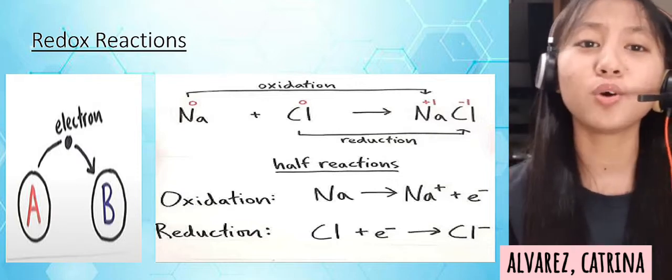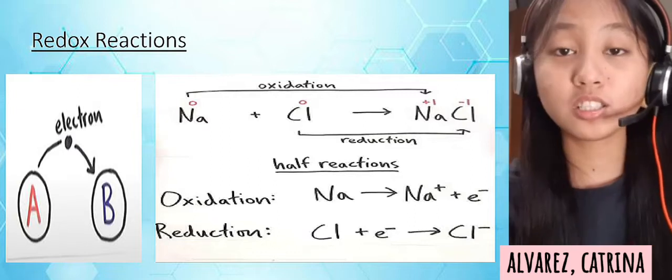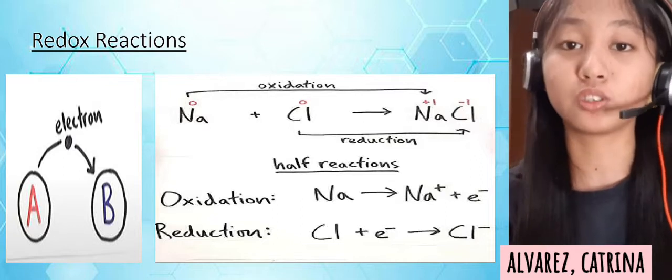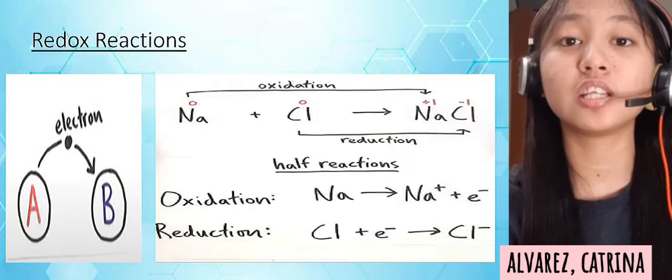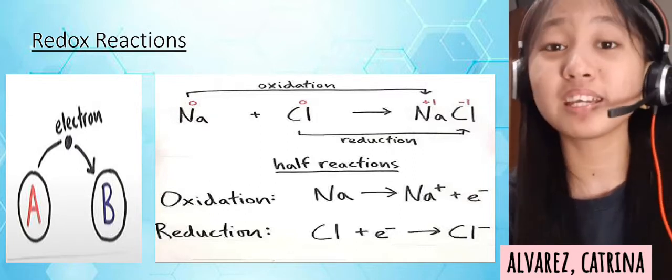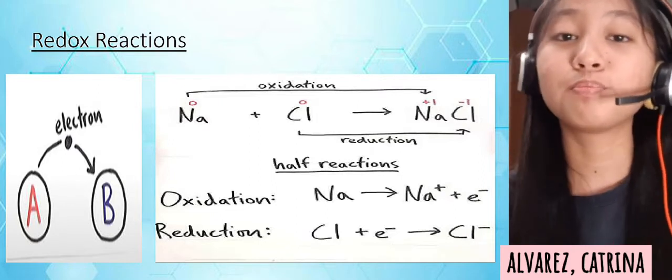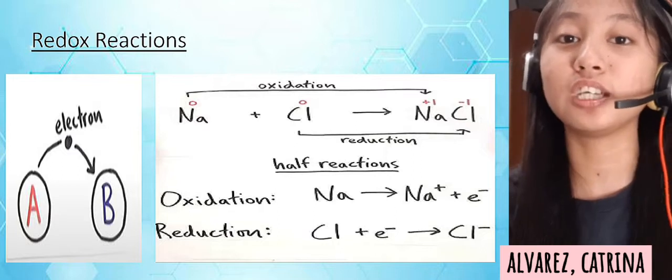Now let us know where the oxidation and reduction are. Oxidation has taken place in A because A is losing its electron. A is being oxidized. Reduction has taken place in B because B is gaining an electron. B is being reduced. Oxidation is in A and reduction is in B.